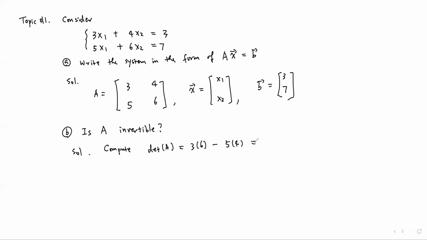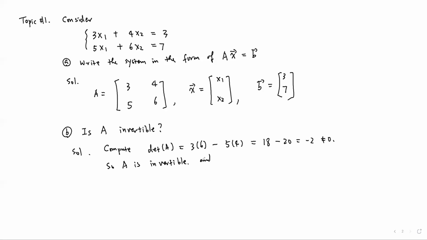Let me see whether or not this number is 0. 3 times 6 is 18, minus 20 is -2, non-zero. Because the determinant is non-zero, A is invertible. It has an inverse.